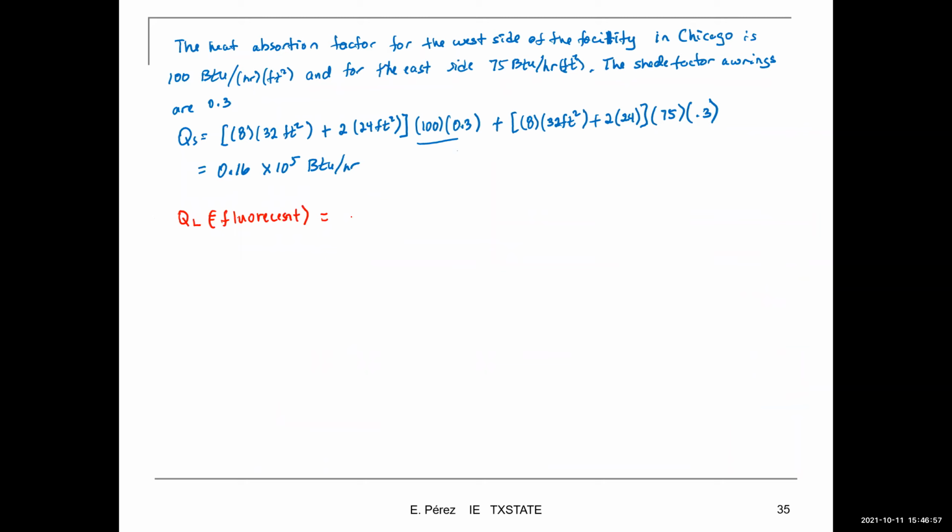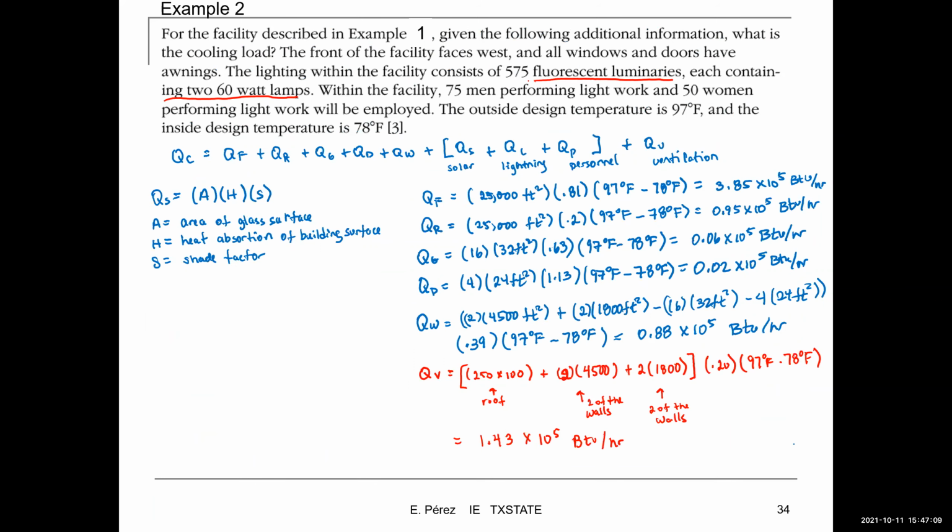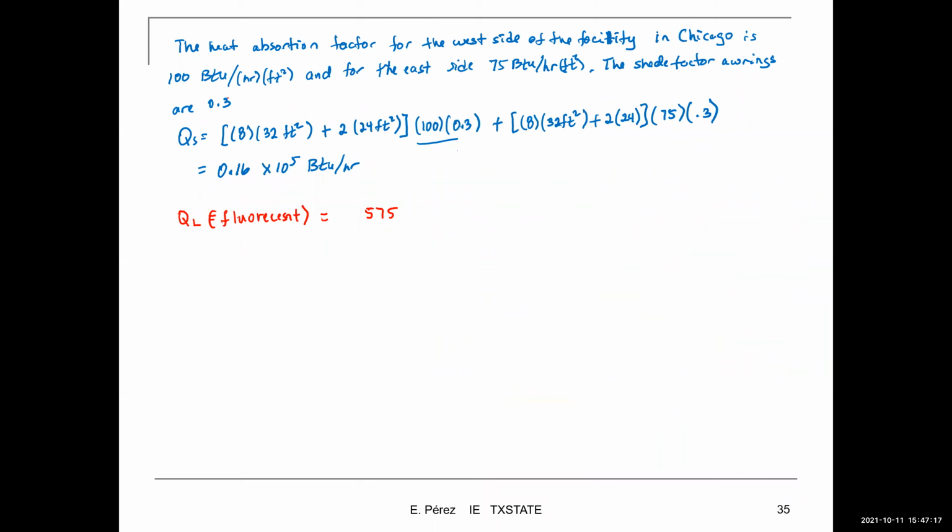So we have 575 fluorescent luminaries, each one of them containing two 60-watt lamps. So this is 2 times 60 watts. And then multiply by the factor 4.25 BTUs per hour per watt.